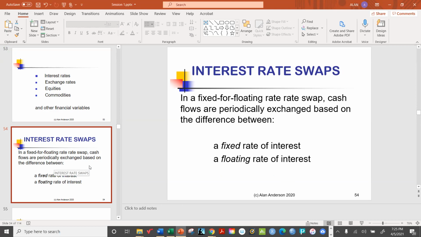Well, what that means is that it is reset periodically. The best example of this I can think of is an adjustable rate mortgage. If you get a fixed rate mortgage, the rate will be the same every year. But if you get an adjustable rate mortgage, the mortgage rate can be reset every single year. And so that would be referred to as a floating rate of interest.